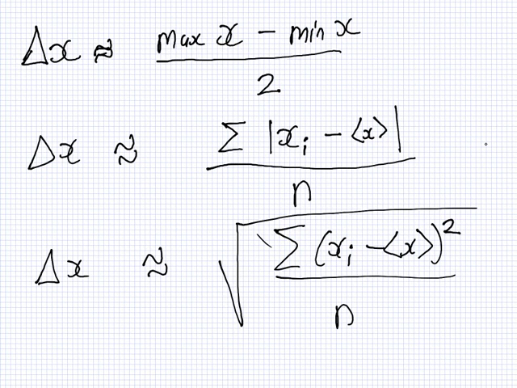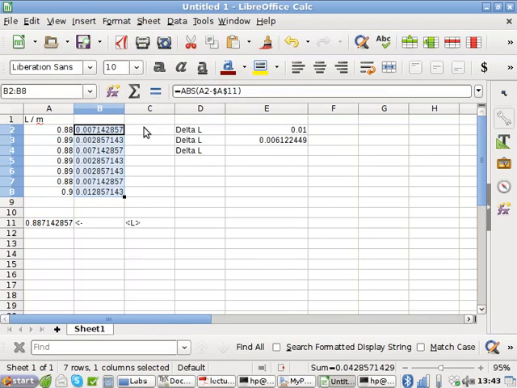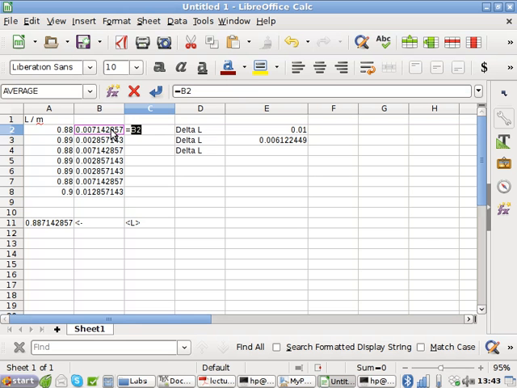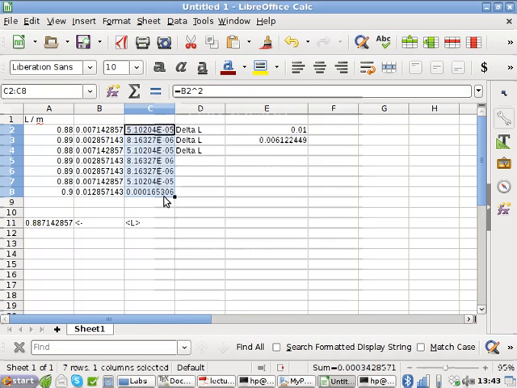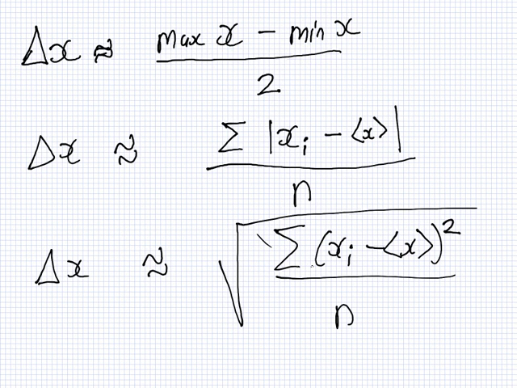Okay, so let's have a look at what this one gives us. Is n the number of data? Yeah. Okay, so this one here, we have to look at the difference squared. So we square all the differences, and then after we square, we add them up.